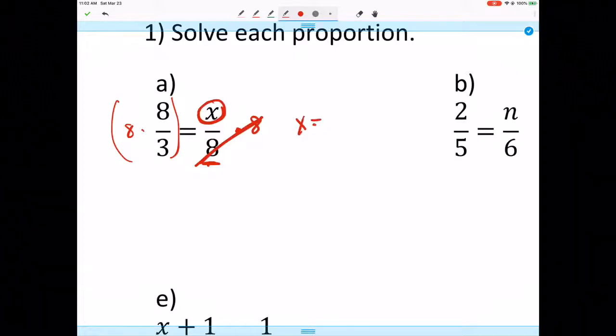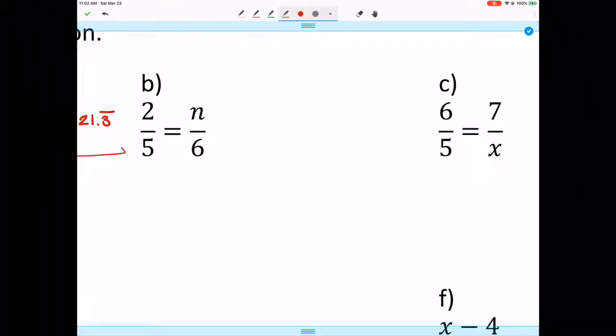If you didn't have a calculator, you can just multiply 8 times 8, that gives you 64, divided by 3. You could leave it as a fraction like that, or with a calculator you'll get 21.3. Both of these are acceptable.